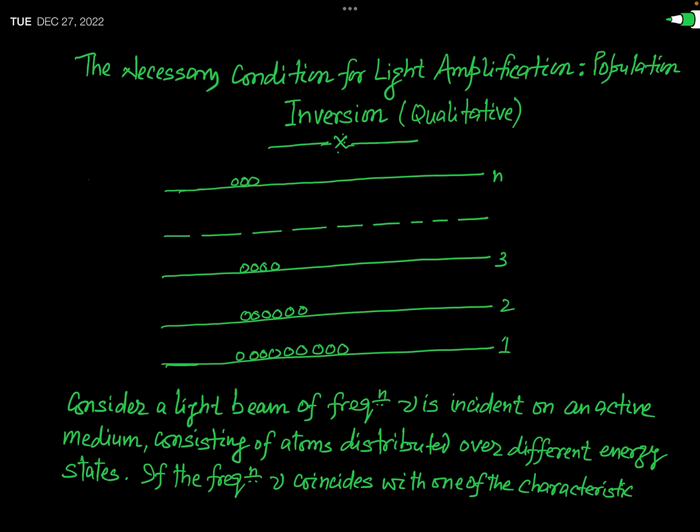In the previous lecture, we discussed Einstein's A and B coefficients in great detail, and you have also seen the possibility of amplification. Today we are going to discuss a very important concept: the necessary condition for light amplification.